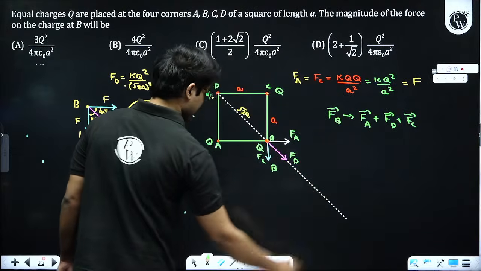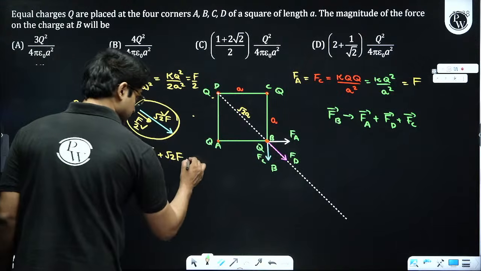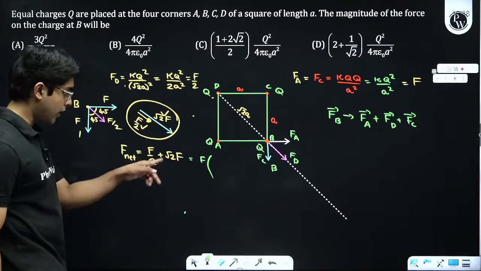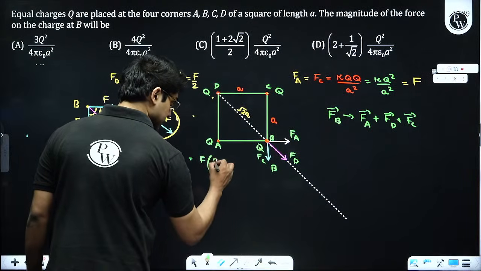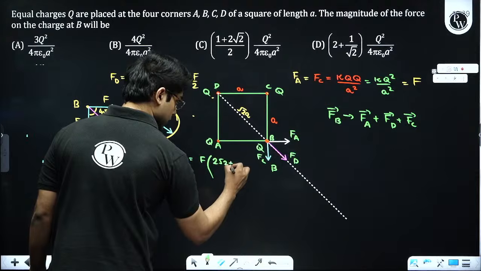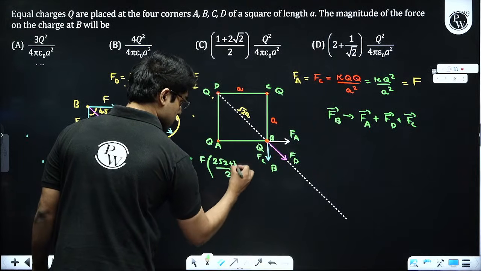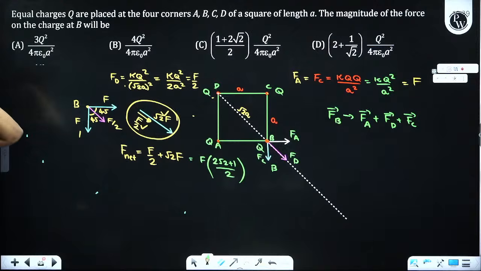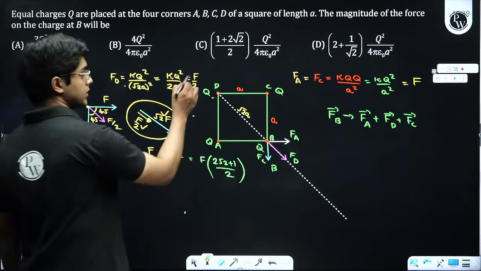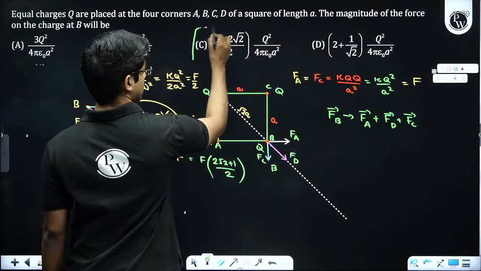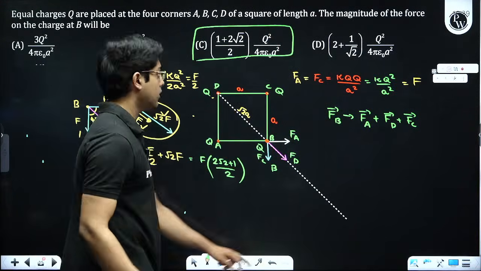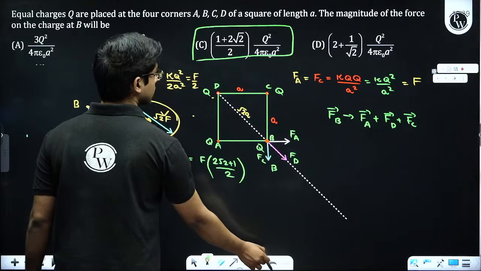Now you simply add them up. The question is done. If you take F common, it will be half plus root 2. So just take LCM. It will be this. And now just check which option matches. I guess it is option C. Right, so it will be option C.